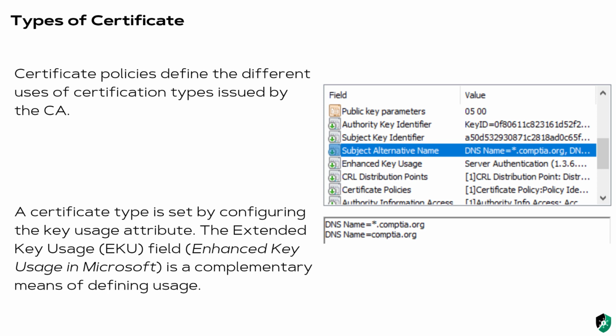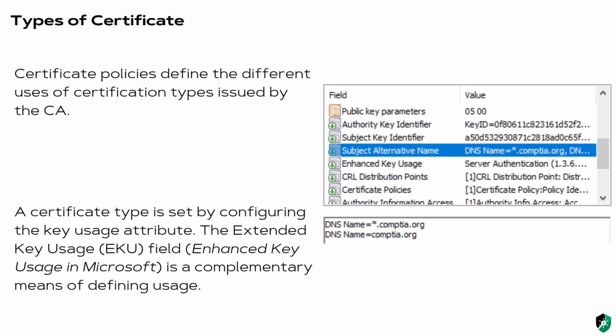issued by the CA. Now, the certificate type itself is set by configuring the key usage attribute. The extended key usage EKU field, or the enhanced key usage in Microsoft, is a complementary means of defining usage. Now look at the image over there on the right.